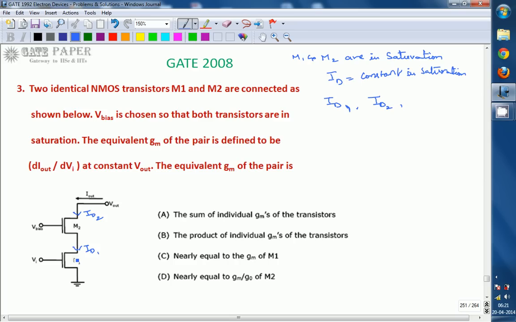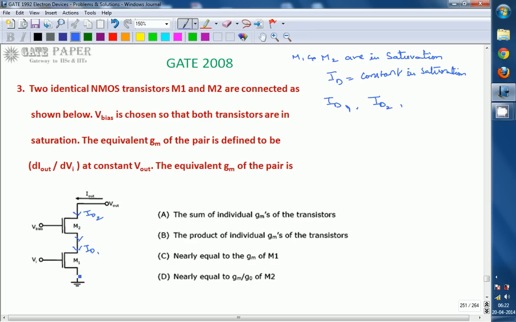If you observe, both the transistors are in series, and however much drain current you get, that much will be the source current. Drain current and source current are always the same for an NMOS transistor, so the M2 drain current is the M2 source current, and the source current of M2 is the drain current of M1.